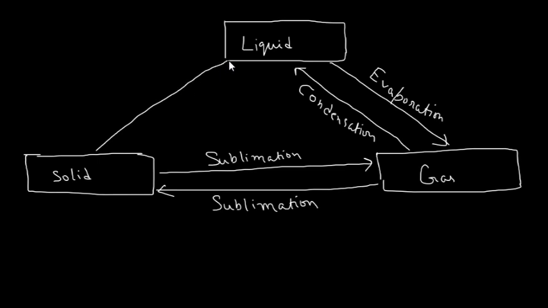Solid to liquid is called melting, and liquid to solid is called freezing. So these are the three states of matter and different terms related to this, which can be easily understood.